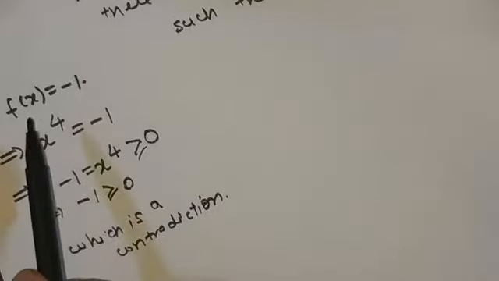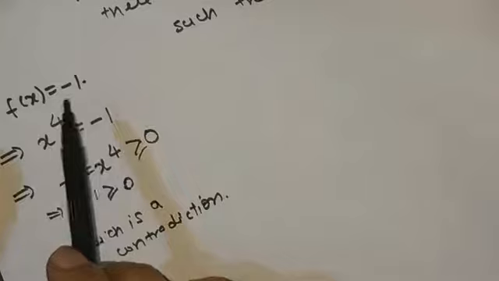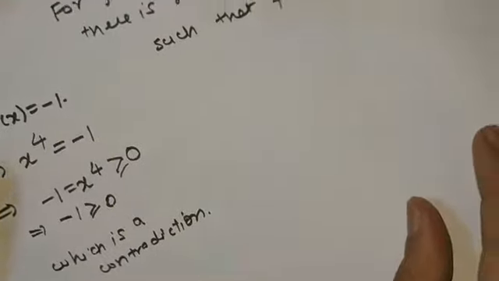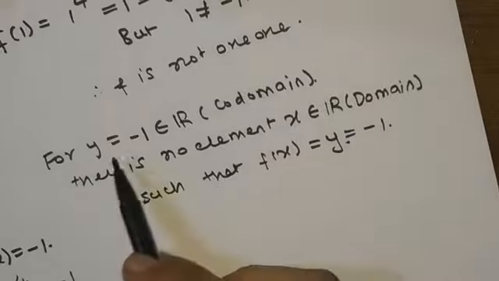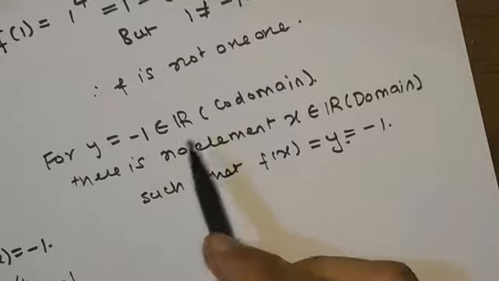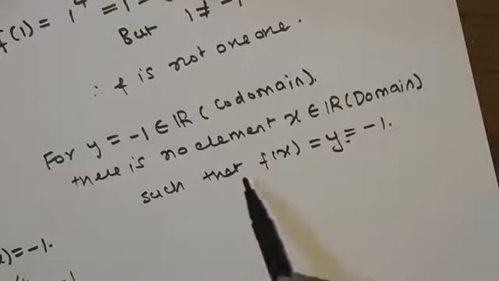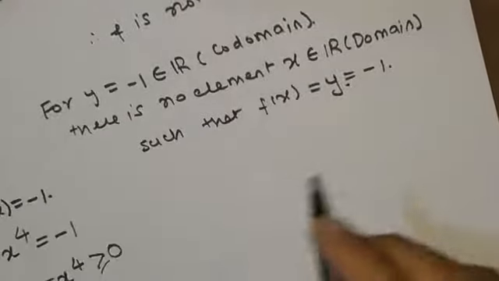So why are you getting the contradiction? Because you are taking f(x) = -1. That means you are taking an x whose f(x) value is equal to -1, which is not possible. So for y = -1 belonging to the set R, there is no element x belonging to the set R such that f(x) = -1.